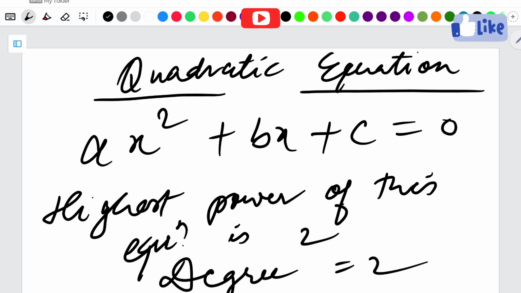So an equation whose highest power is 2, this type of equation is known as a quadratic equation. Now this is the standard form of quadratic equation.